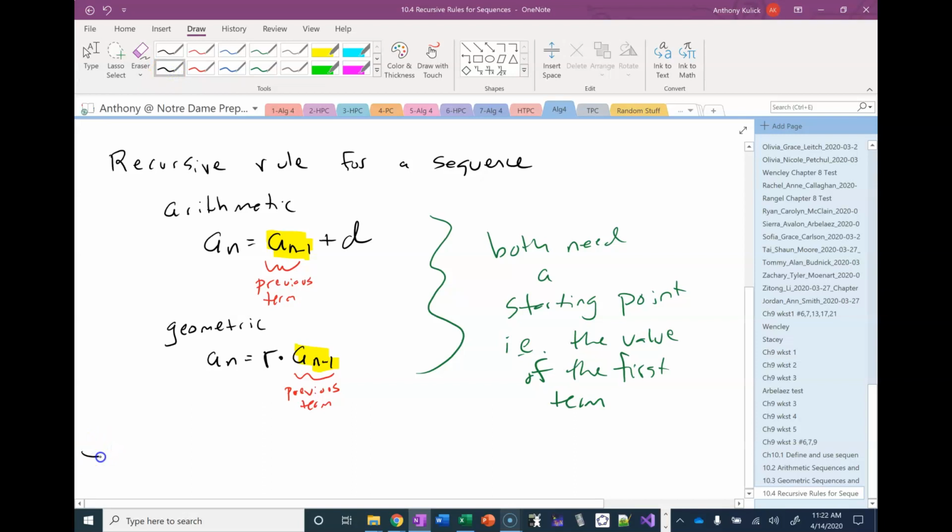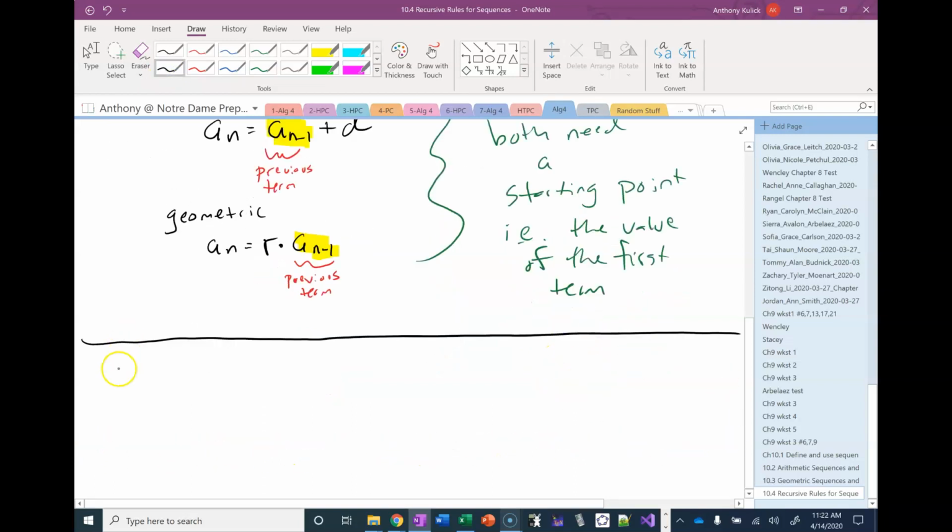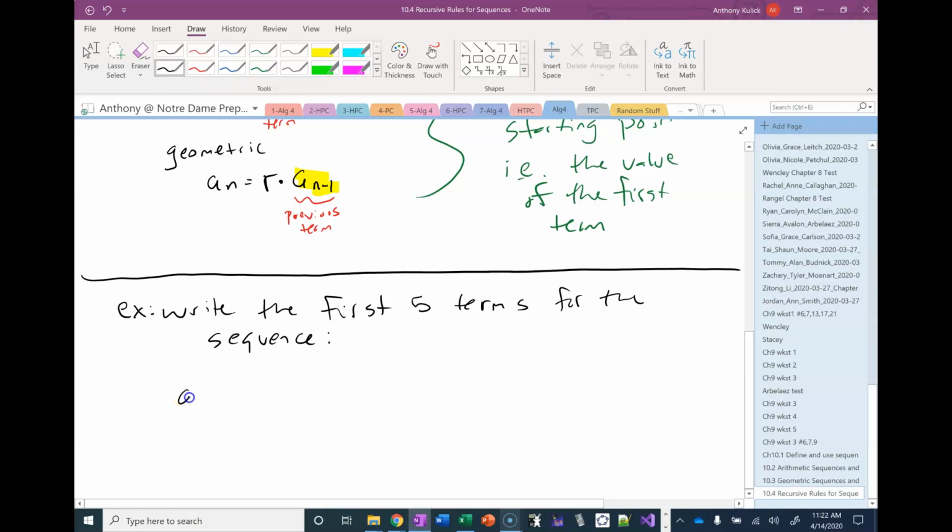So let's look at an example to help us get the feel for this. We're just going to write down the first 5 terms for the sequence.